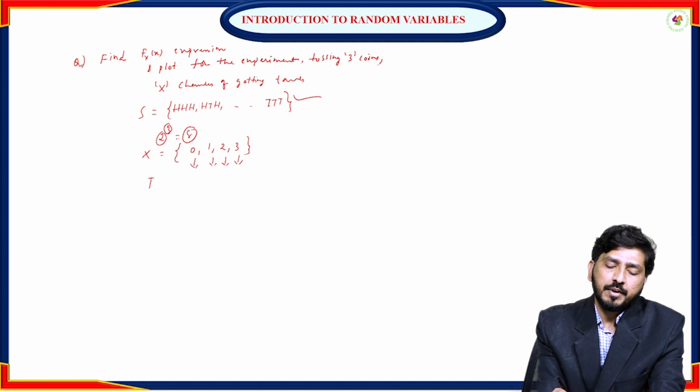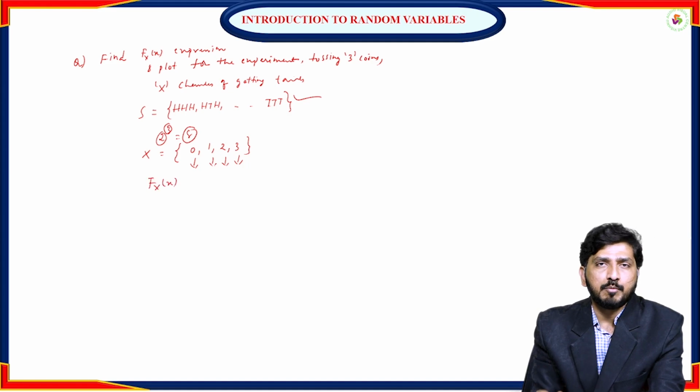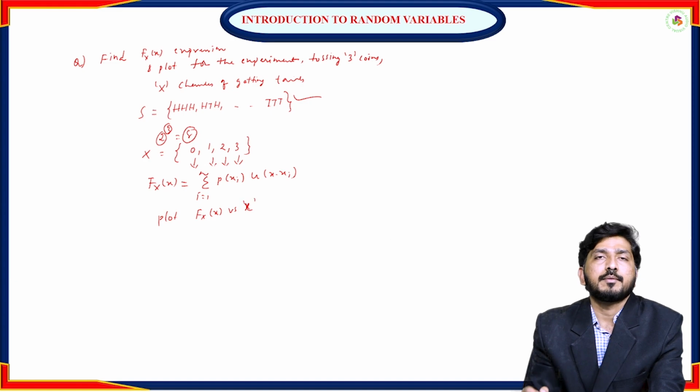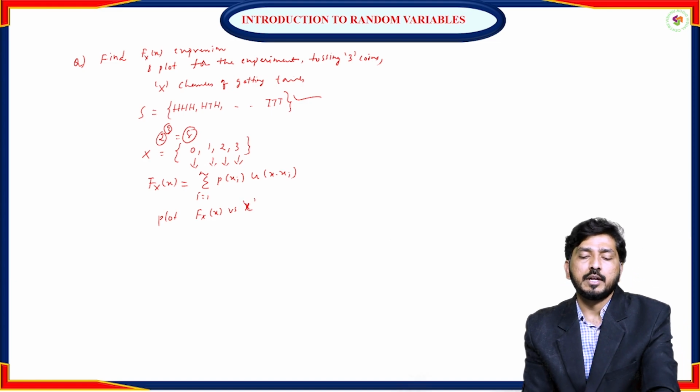Then go for finding the distribution function table. Then find the distribution function expression using the formula summation i equal to 1 to n of probability of xi and u of x minus xi. Then plot the characteristic curve between the distribution function and the random variable elements x. So you try this at home.